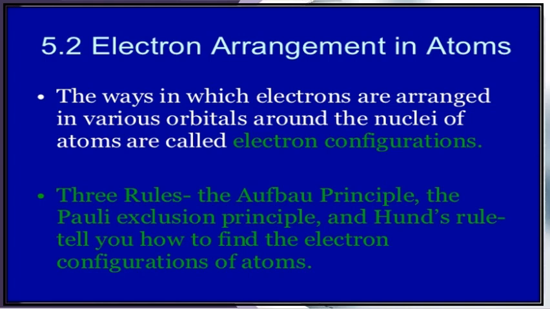First is the Aufbau principle, the second is Pauli's exclusion principle, and the third is Hund's rule. They will tell you how the electrons are filled in different energy levels, and they will give you the electronic configuration of atoms.